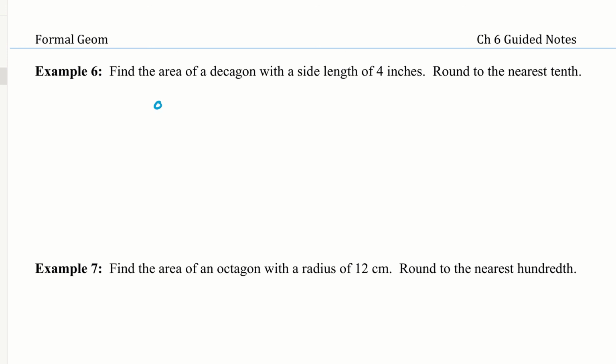So I'm going to have my center, and then a radius coming down and a radius coming down. And then this is going to be one side of my decagon, and then I'm going to drop my apothem.